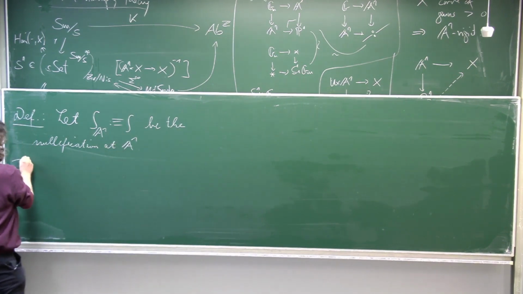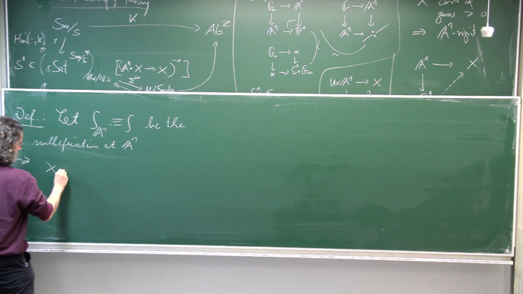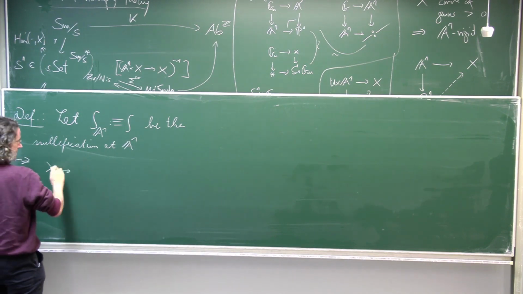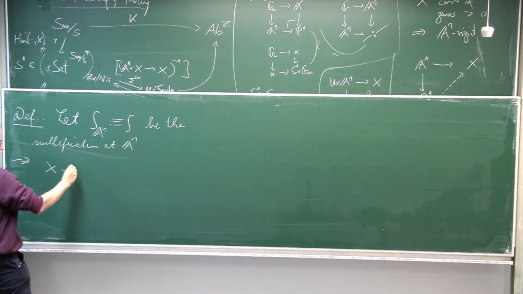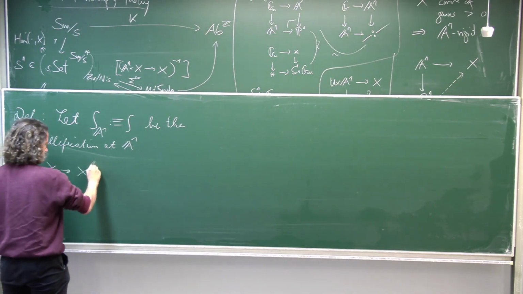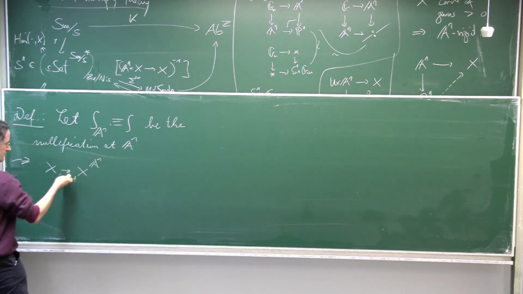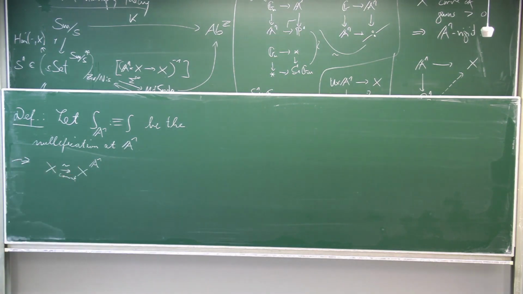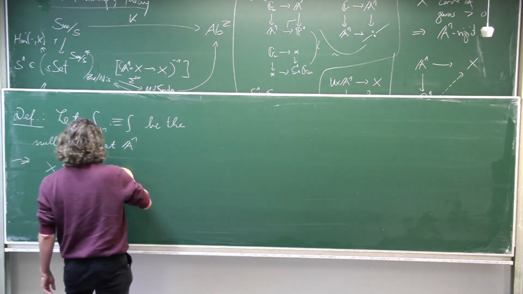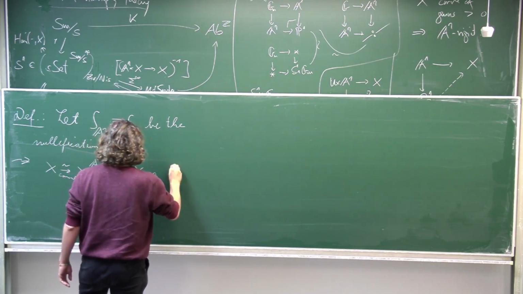And just to remind you of one way of viewing this: a type is modal if and only if any map from A1 to it is constant, which you can express as this map being an equivalence. So this means X is shape modal.